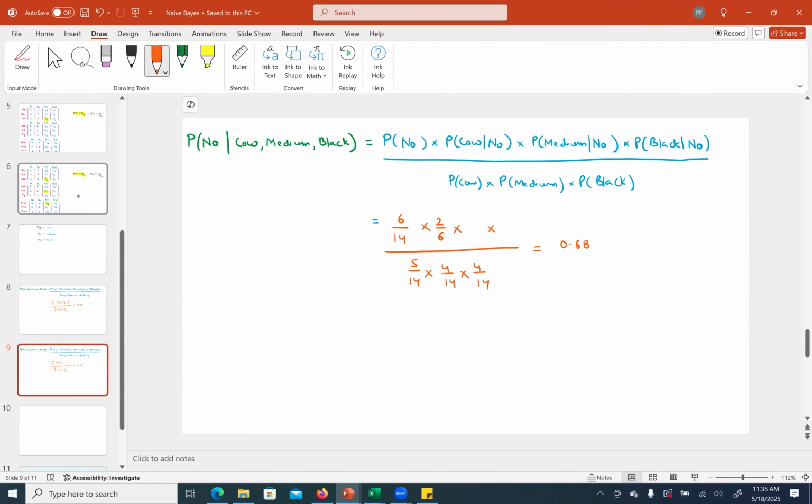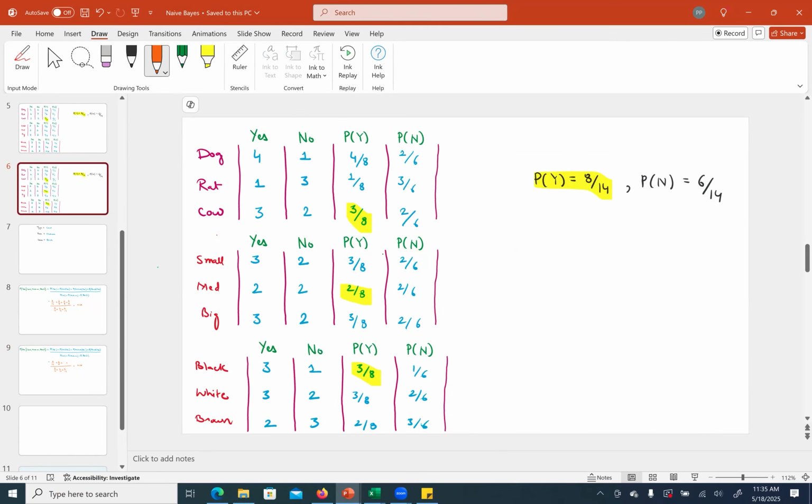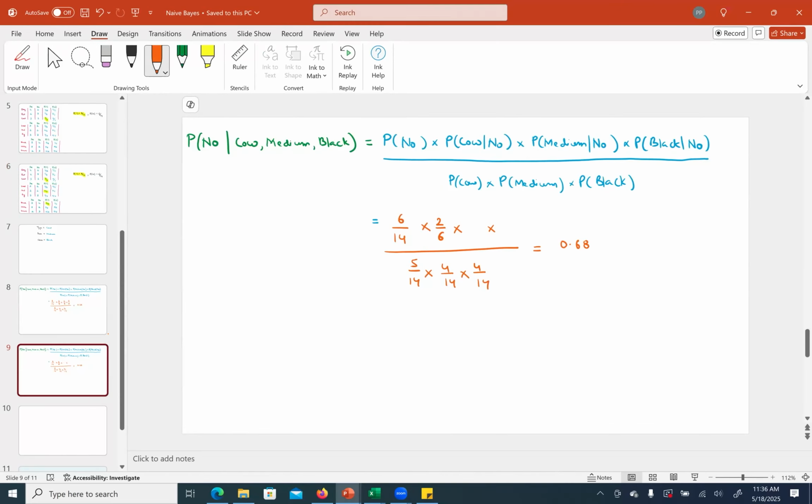Probability of medium given that it is no, 2 by 6. And similarly for black, it is 1 by 6. Okay, let's calculate it.